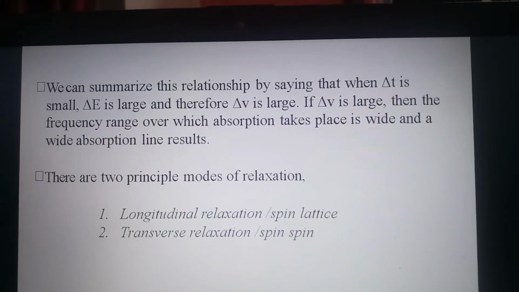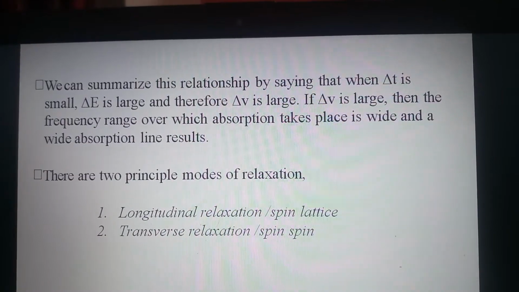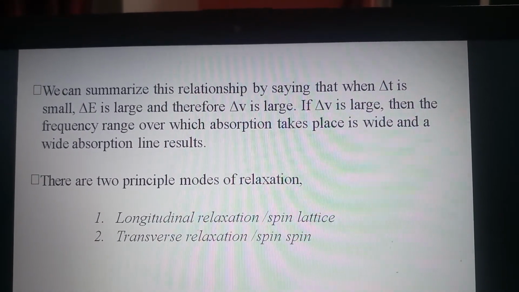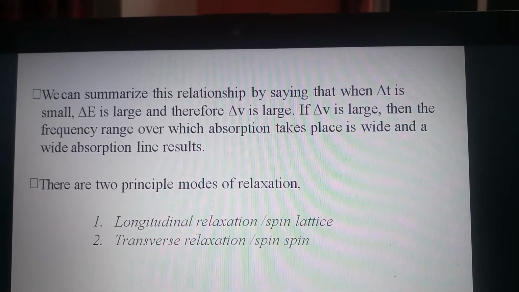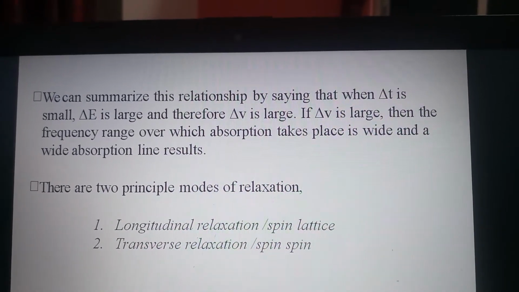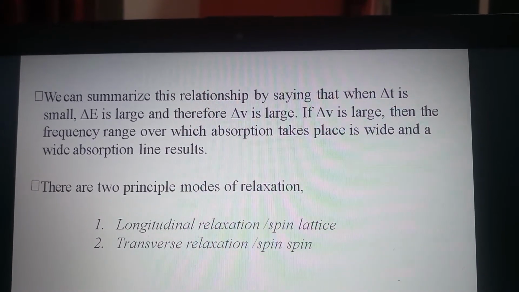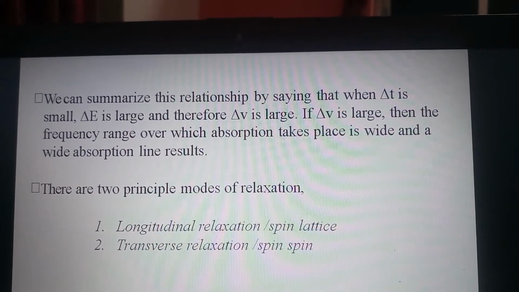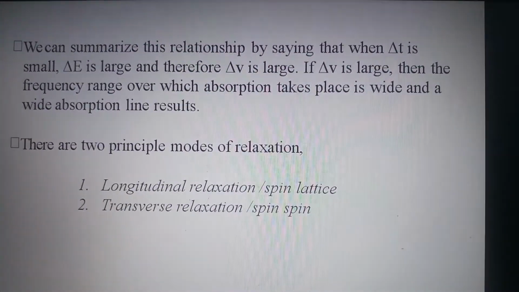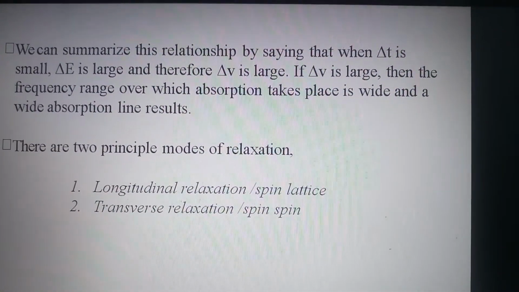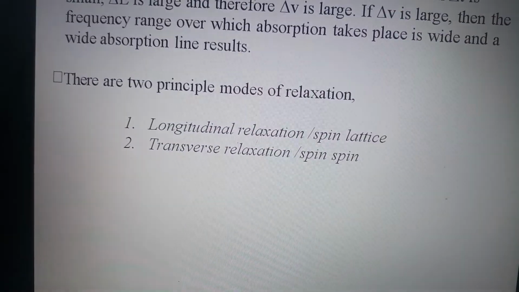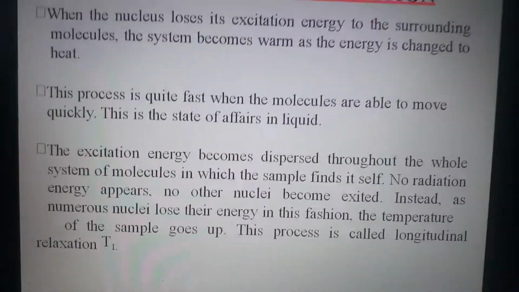If delta nu is large, then the frequency range over which the absorption takes place is wide and a wide absorption line results. There are two principal modes of relaxation: longitudinal relaxation or spin lattice relaxation, and transverse relaxation, that is spin-spin relaxation. Now we will discuss these two factors.